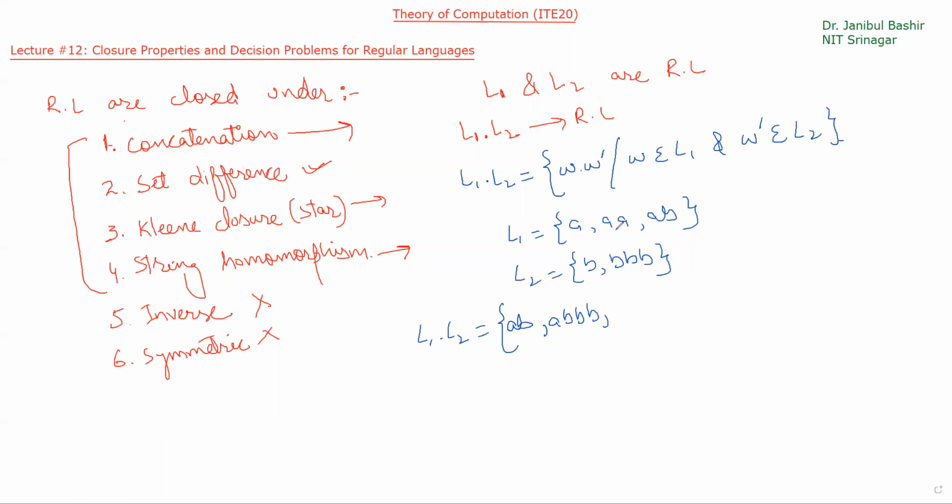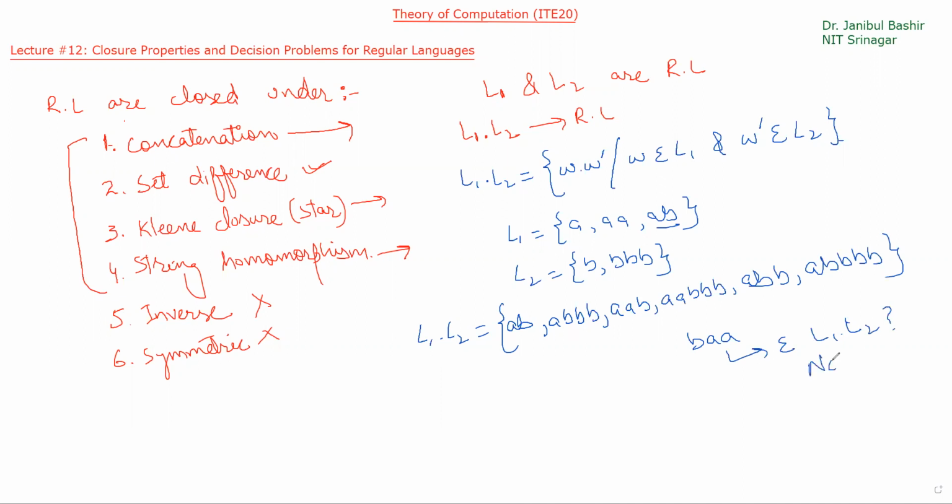Then I can take another string of L1, that is AB, and combine it to get AB, B, A, B, B, B. So this will be L1 dot L2. If somebody is writing BAA, does it belong to L1 dot L2?